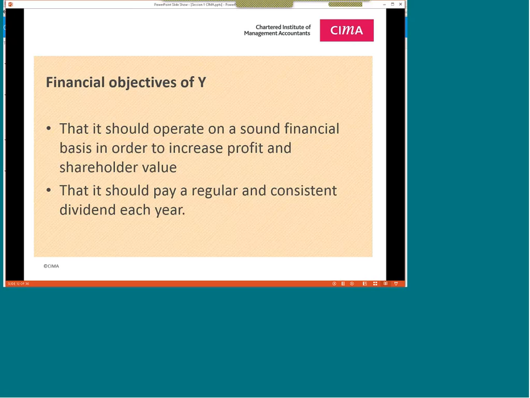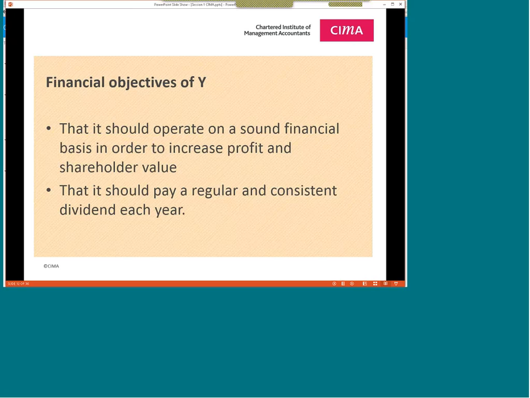Their profit is not as it was expected, and their profit margins are decreasing, right? Do you think there can be a conflict here with the second financial objective in terms of regular and consistent dividend? Yeah, it's definitely because the cash flow pressure is coming, because they have to pay the regular constant dividend, but the profit is going down.